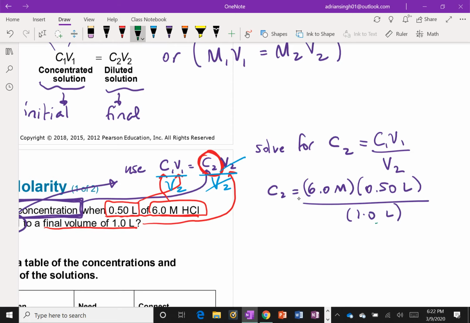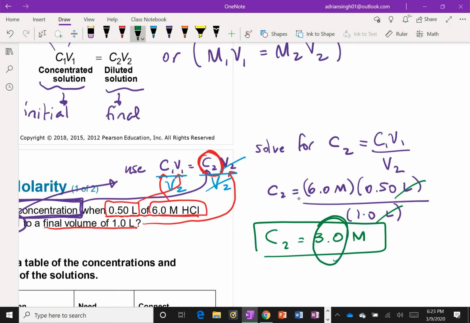All right, so units-wise, liters cancel. That's great. We end up with molarity as the unit. That's what we're trying to solve for, right? Final concentration. So 6 times a half divided by 1, 3.0 molar.